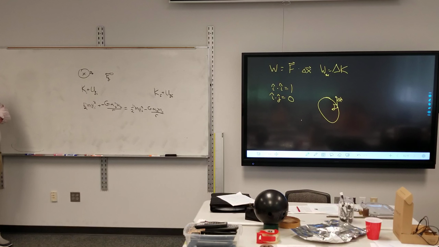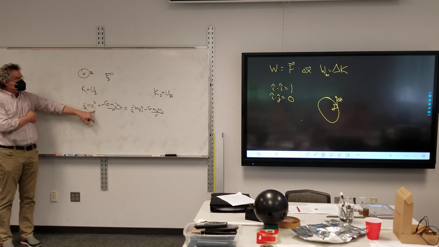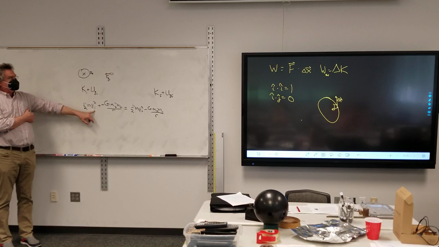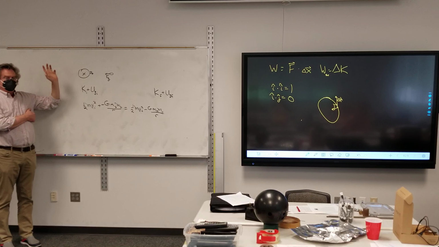And now it's just a matter of figuring stuff out here. Hopefully you can recognize that it's slowing down. And so what we're looking for here is the escape speed. How fast does it initially need to be going so that it never returns? Well, it's going to be slowing down the entire time.